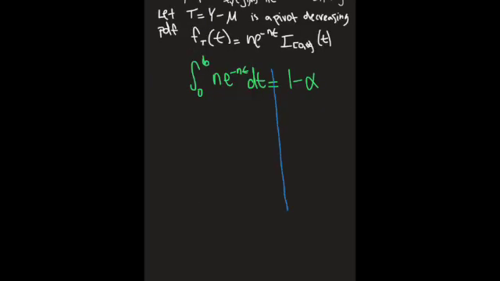So when I take the integral on this side, because of the exponent, it's going to look like this, and this is from 0 to b. And on the right side of my equation, I still have the 1 minus alpha because I didn't do anything with it. I plug in b for my t, and then I get this.